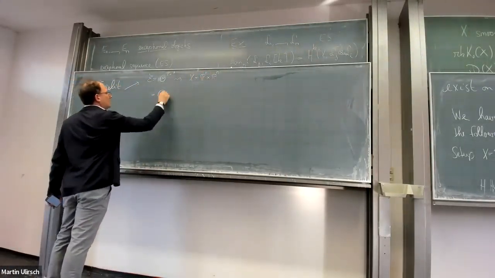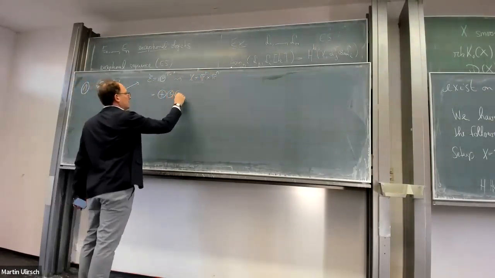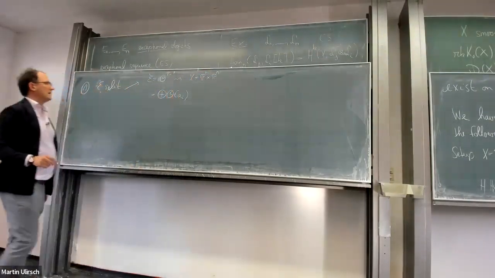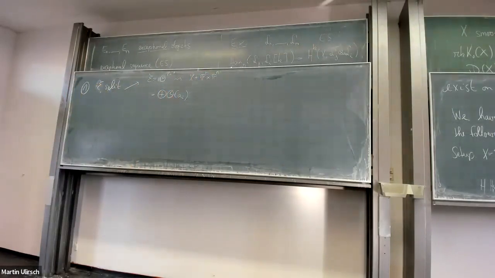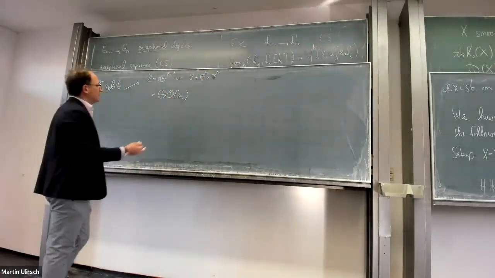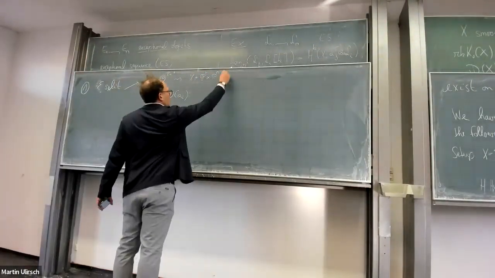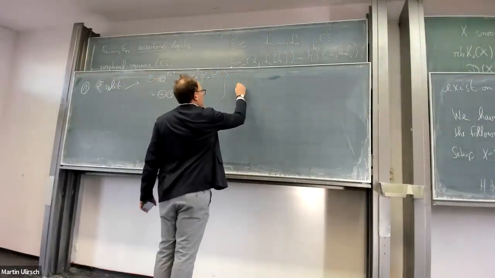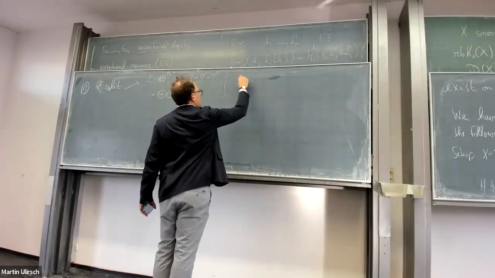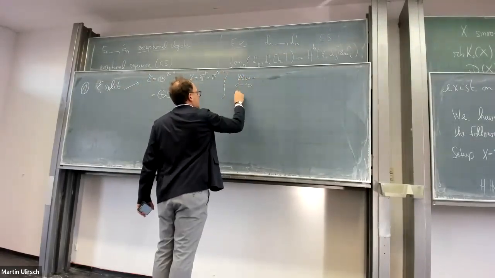Take a direct sum of line bundles. These two cases are covered by a result of Schmidt from the 80s.